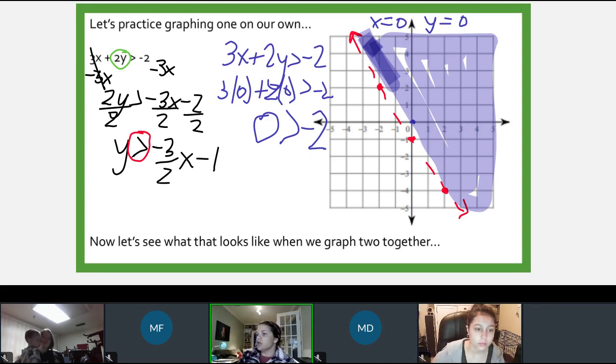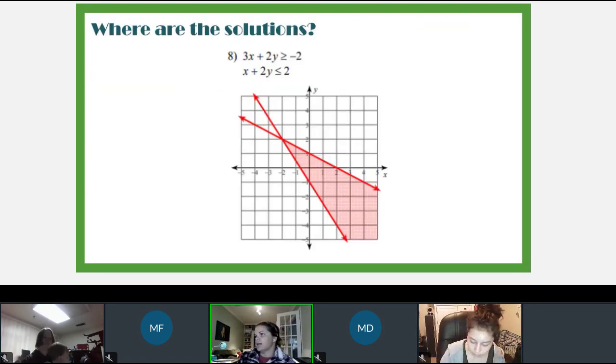But remember, what we're talking about in this unit is systems of inequalities. So that means we're going to have 2 graphs together. So let's take a look at what that looks like. When we have 2 inequalities graphed together, we will have a shaded area where they both overlap.